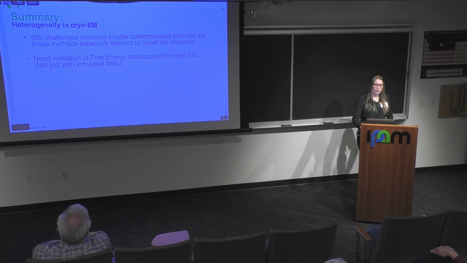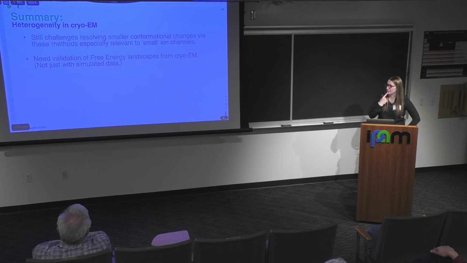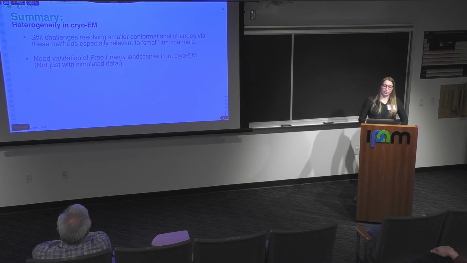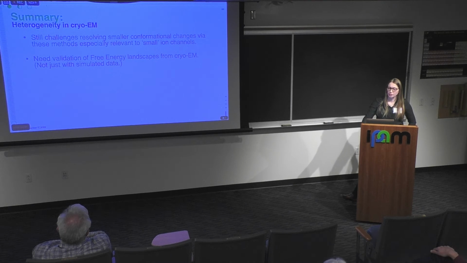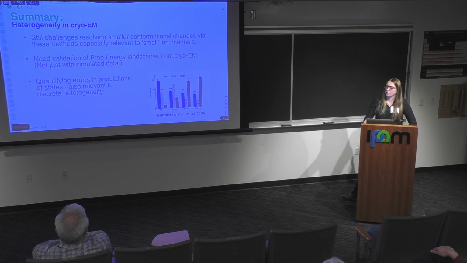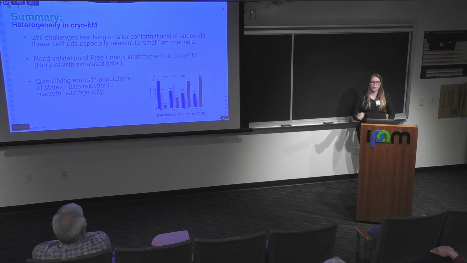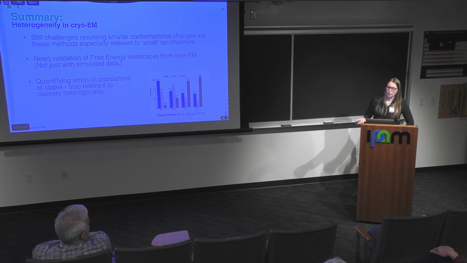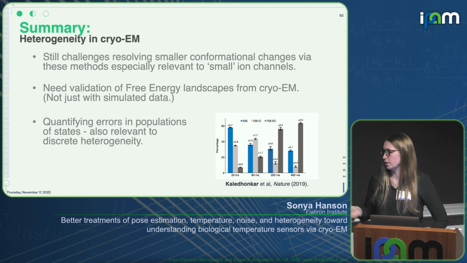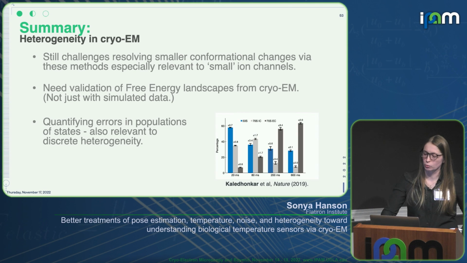And furthermore, validating these methods is still an open question that we're very interested to see what the community has to say. And this isn't just relevant to getting free energy landscapes, but also to quantifying errors in discrete heterogeneity as well.